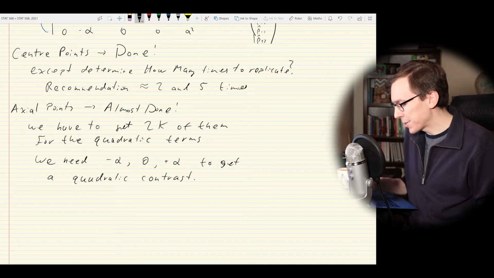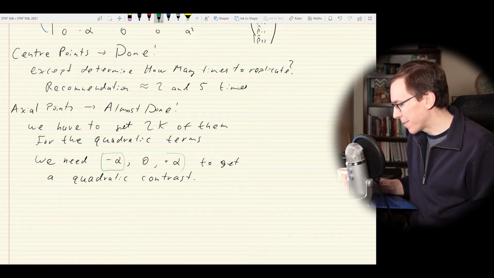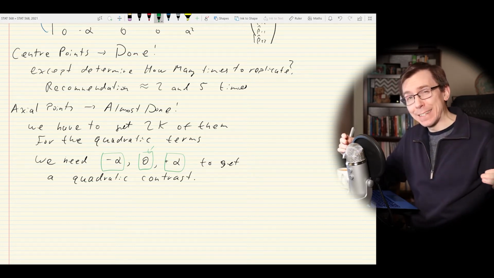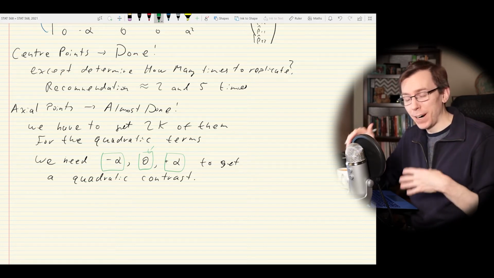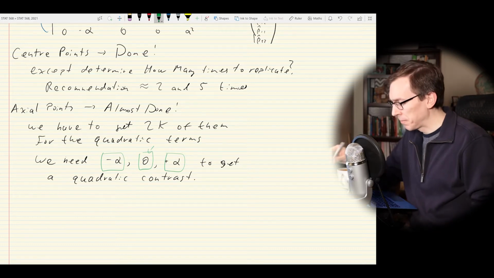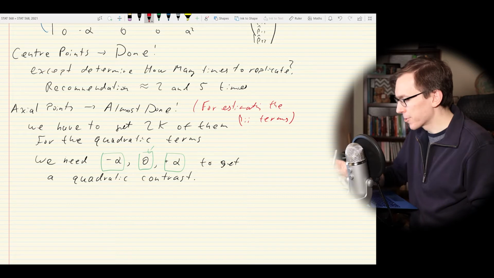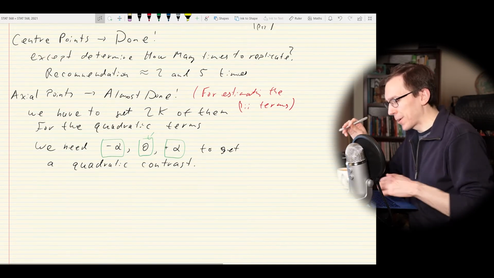And that's why we need a plus or minus alpha for every axis, and then of course the center point as well, so that we can get these 3 levels, so that we can estimate the quadratic pieces in our model, that is the pure quadratic terms. This is for estimating the beta II terms, or parameters, I guess is the right word, but terms is kind of my generic word.